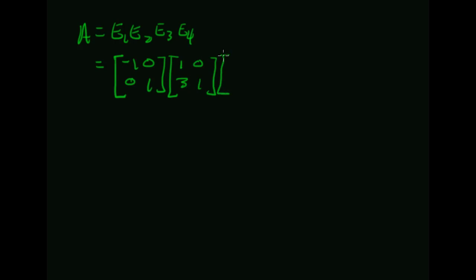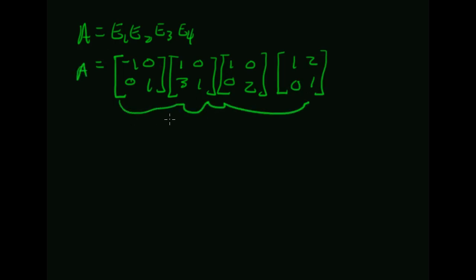The inverse of E3 inverse would be 1, 0, 0, 2. And then the last one is 1, 2, 0, 1. So this is an elementary matrix decomposition of A. It's a product of elementary matrices that would get me A.